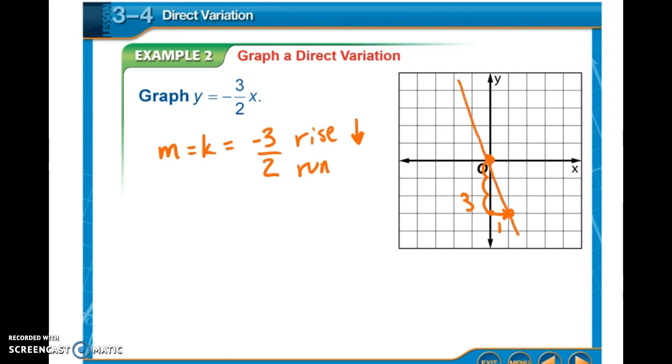So now if I draw this line, it looks like that. A negative means that you're going to go down first from the left point. So start at the origin. You're just going to count.